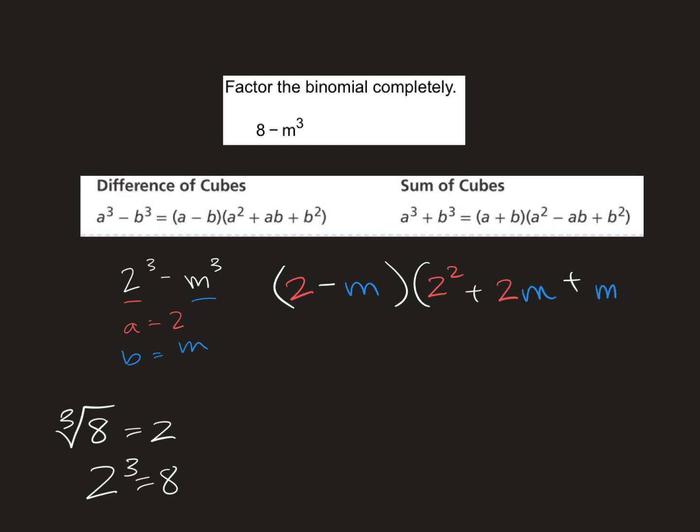So that's m squared. The only thing I can simplify here is that 2 squared. So this is 2 minus m times 4 plus 2m plus m squared.